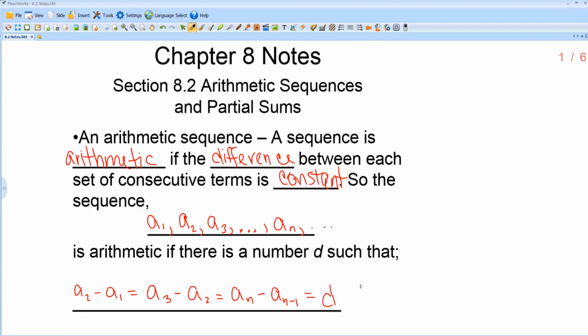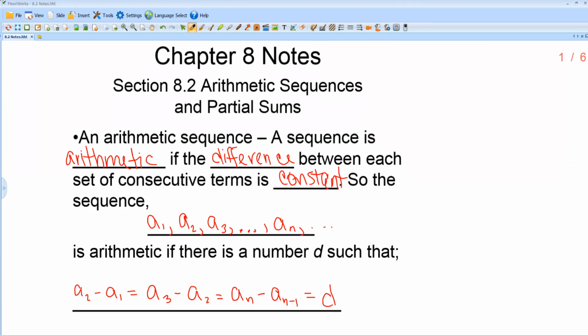That number d is what's called the common difference. And that common difference is just saying what number is being added or subtracted over and over and over again.